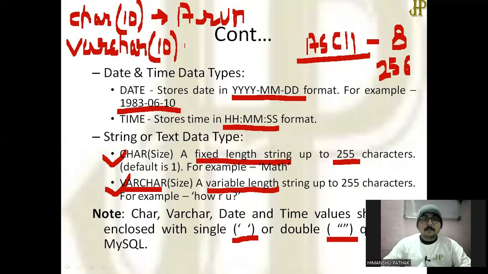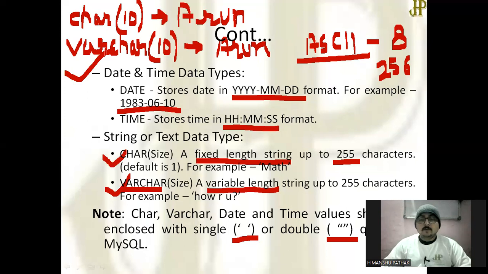But when you use varchar, memory is allocated only to store those 4 characters. Thus, wastage of memory is saved while using varchar. So always use varchar when you are not sure that the data will be of the same size.